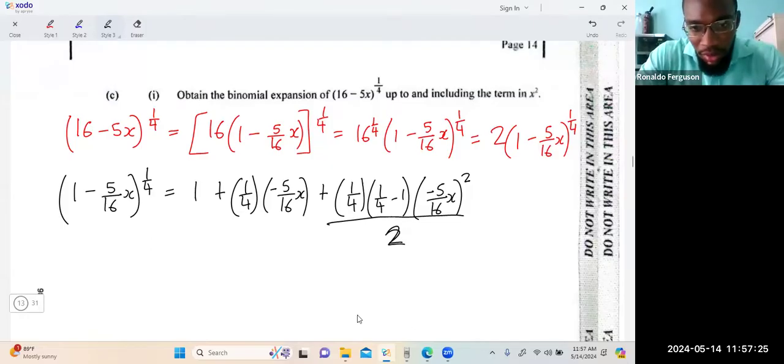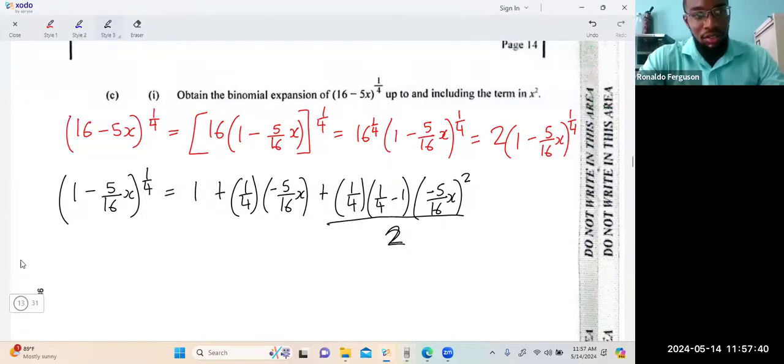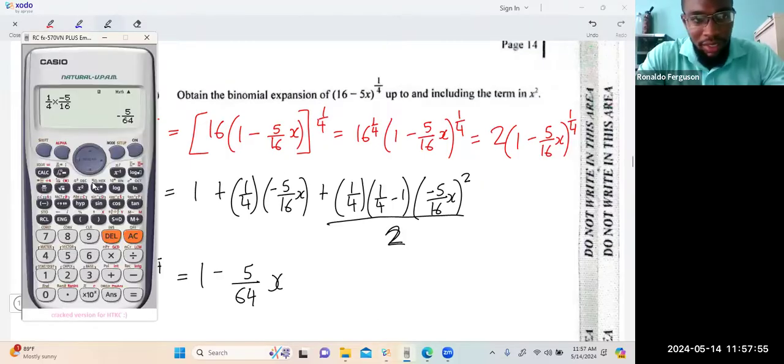So time for my calculator. 1 over 4 times 5 over 16. That's minus 5 over 64. So 1 minus 5 over 16x to the quarter is equal to 1 plus minus 5 over 64x. And then now the next part is to work out that thing there.